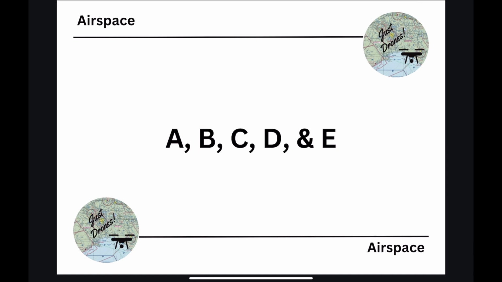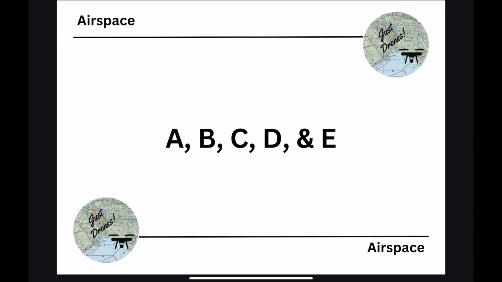Now, it's really important to remember that with these controlled airspaces, you have to get prior permission or authorization before you can legally operate an unmanned system within that airspace. So if it's any of these classes, you have to get prior permission. Now, sometimes with Class E, you don't have to.